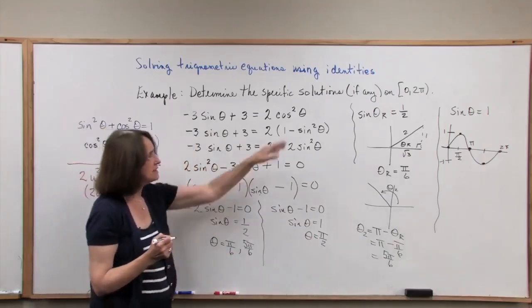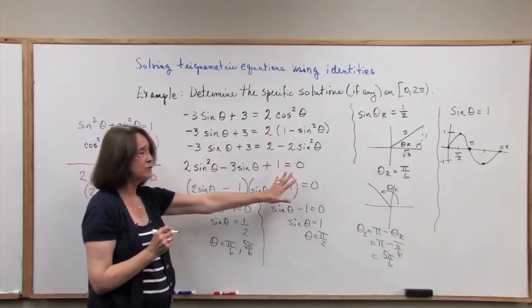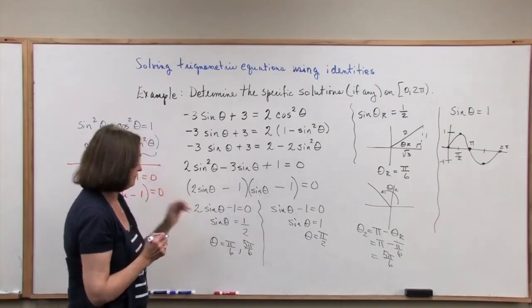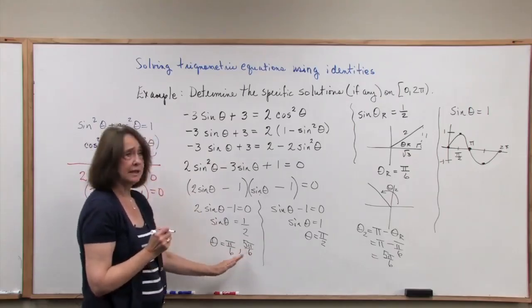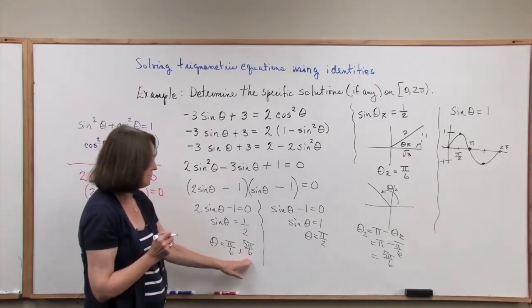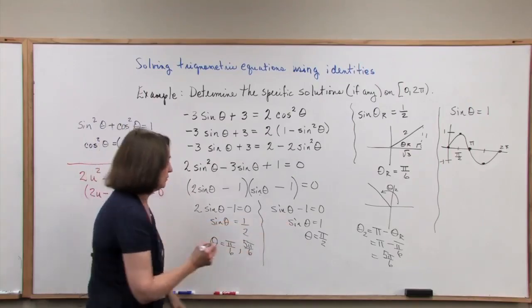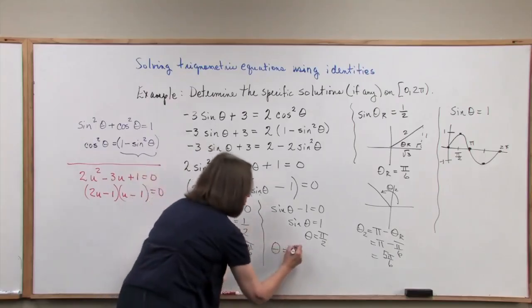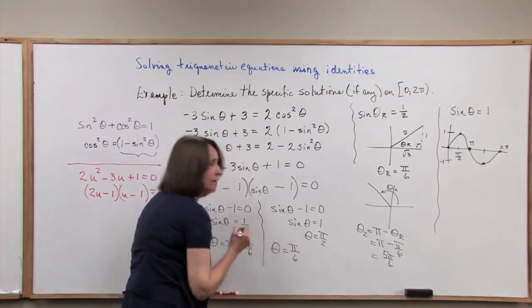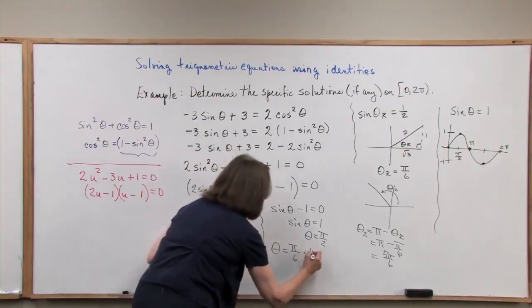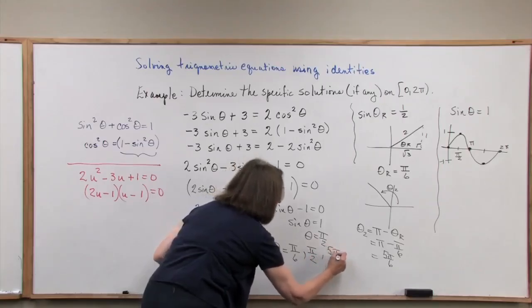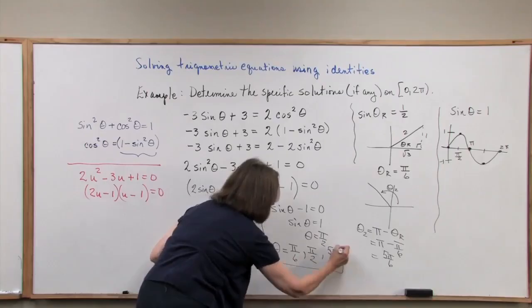So, summarizing, we're going to write our final solution. On the interval from 0 to 2 pi, we have 3 answers: pi over 6, 5 pi over 6, pi over 2. I'm going to write the 3 solutions in ascending order: pi over 6, pi over 2, and 5 pi over 6.